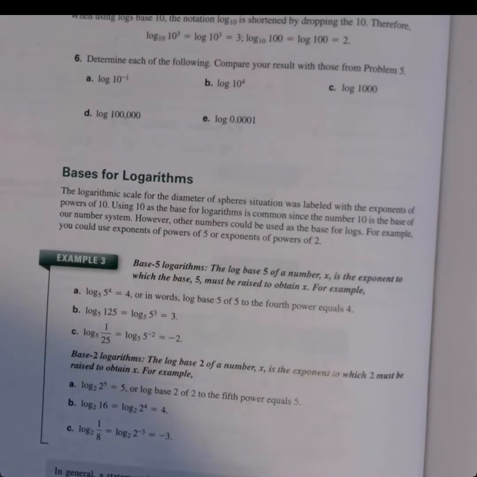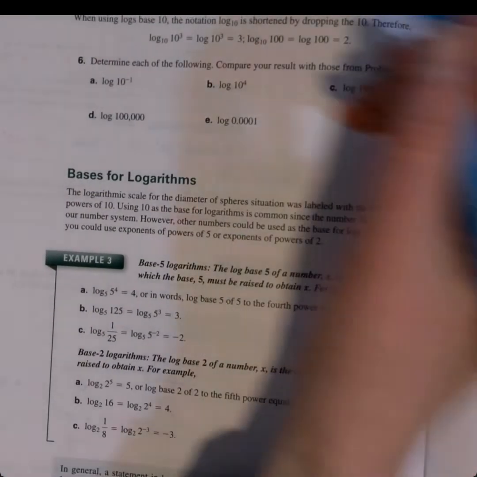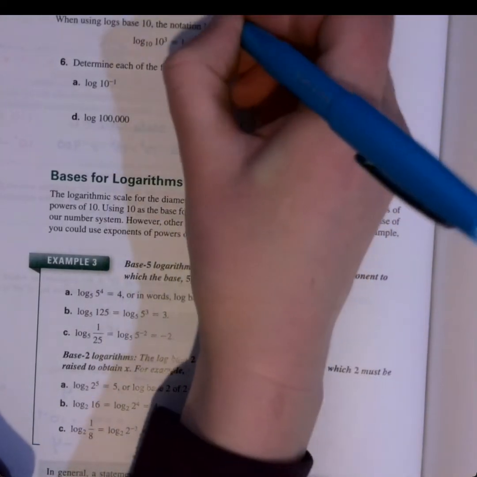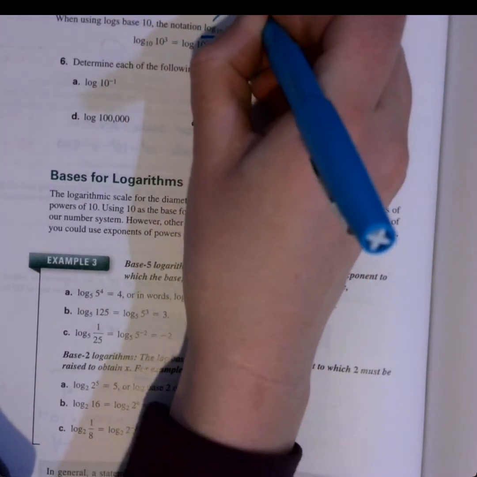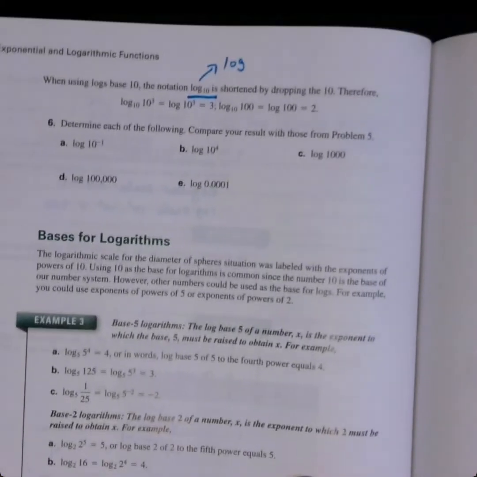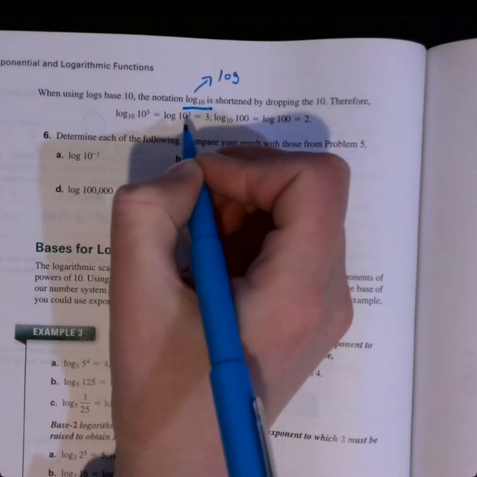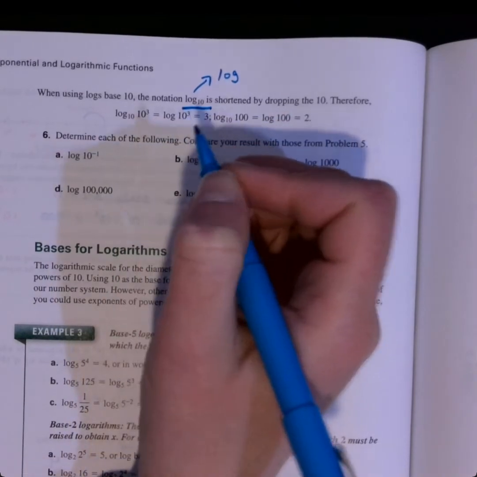Now, because it is a common log, the notation log base 10 is shortened to just log. We don't write the little tiny 10 in the common log. We just write log, and what we mean by log is a log with base of 10. If the base is not 10, if the base is 2 or 8, we'll have to write the base in.